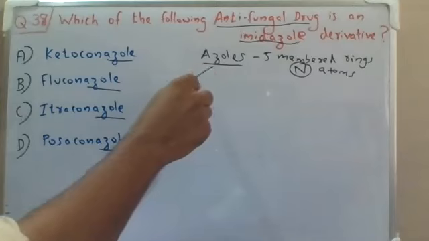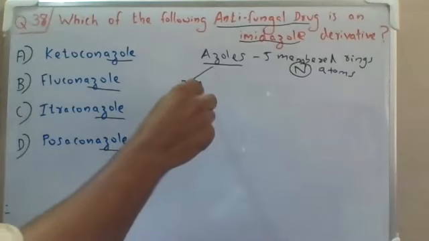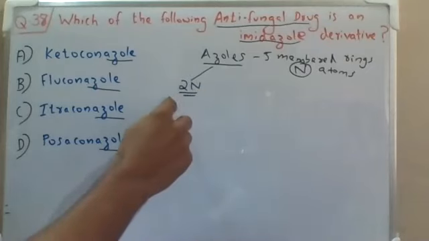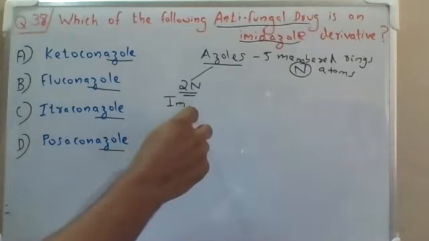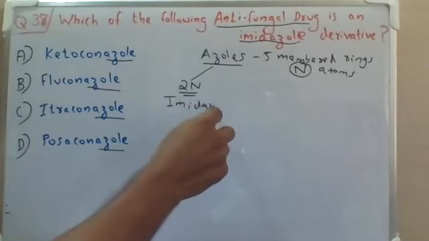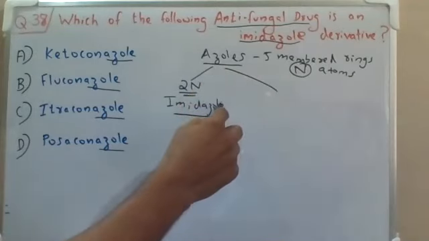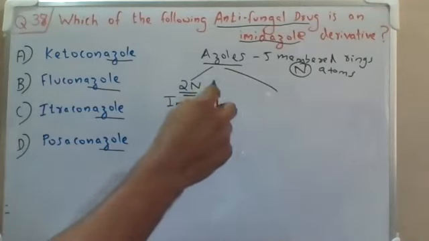Some of the azoles contain 2 nitrogen atoms at alternative positions, that is the first and the third position, and they are called imidazoles.